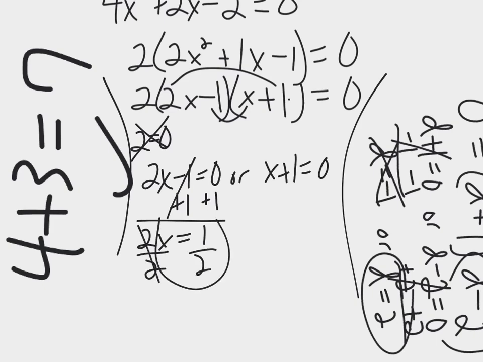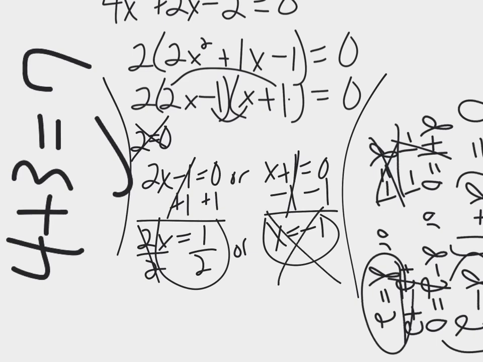So that one would say x equals a half, and this one would say x equals -1. And then if you substitute those back into the original equation, what's going to happen is the 1/2 is going to work and the -1 is not. So in order to not make this video too long, I'm not going to go through that whole process, but x equals 1/2 would be our answer for this problem.